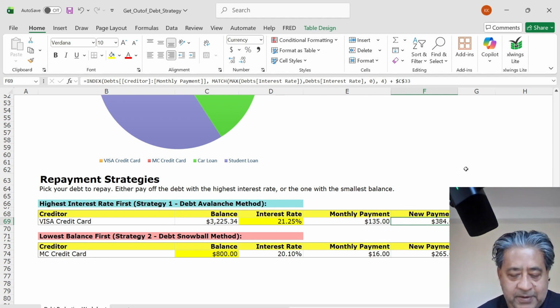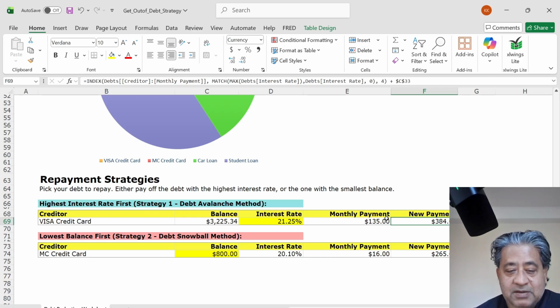And then next month around, you could again adopt the same strategy, find the highest interest rate, try to pay it off. Basically, the highest interest rate you pay off, you'll be saving more money because you're paying the highest interest. So you'll be paying less of your interest payments every month by paying off those debts first.